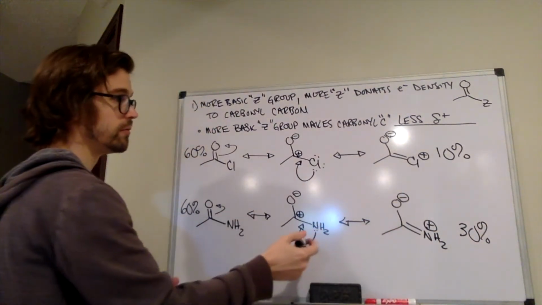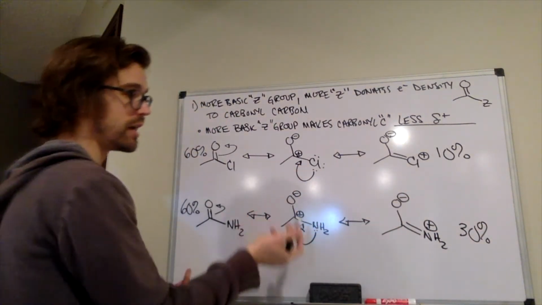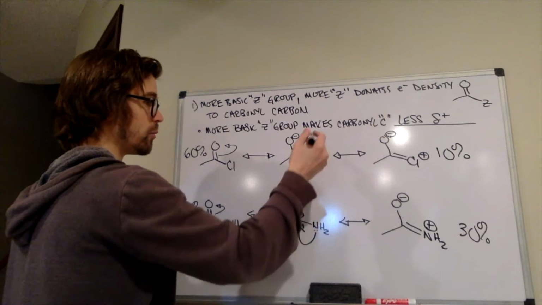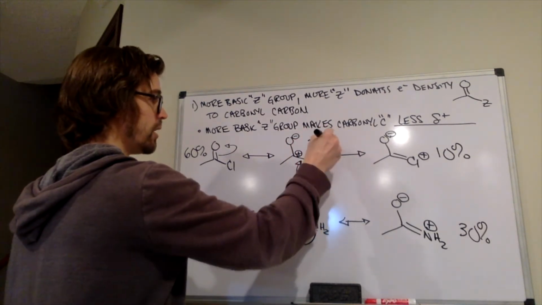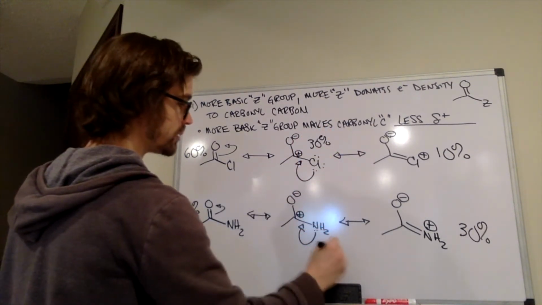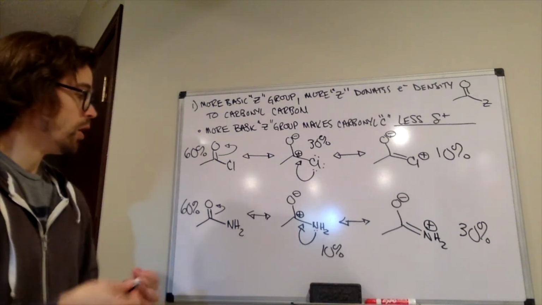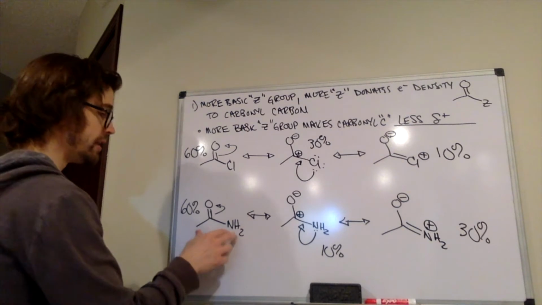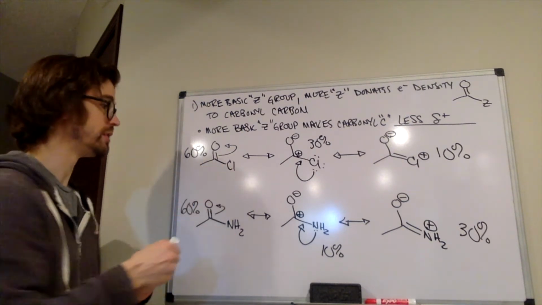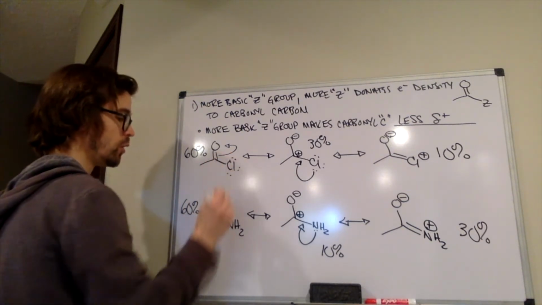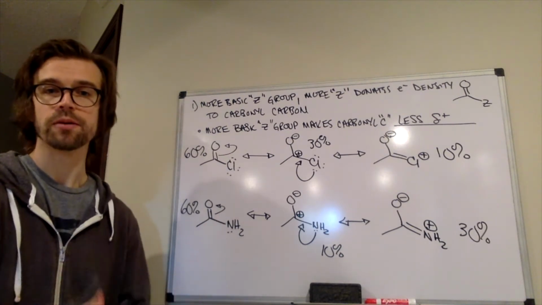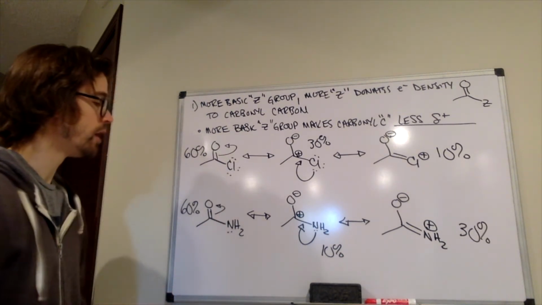That would mean that these take on the rest, so that's 10%. We'll say that this is 30% of the resonance form. This is 10% of the resonance form. So essentially, which group is more basic, NH2 or Cl? Which is more likely to give up its lone pair of electrons?